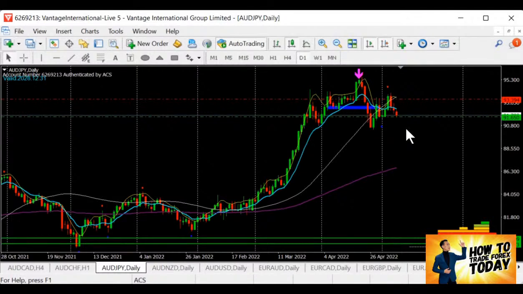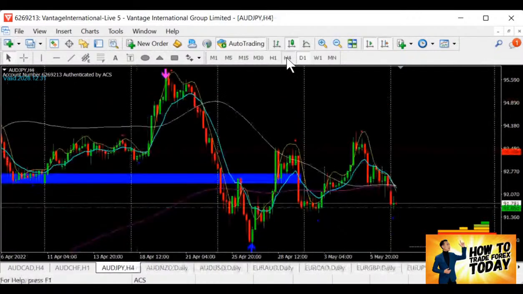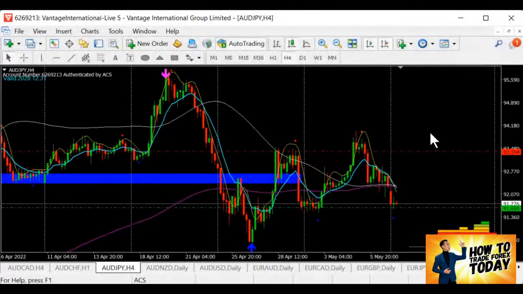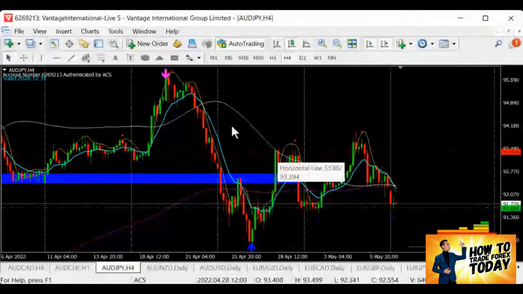That means we may experience a rebound. So I'm not going to take Aussie yen into consideration because there's a very high chance that it may just rebound from the support here and go up again to a higher price. So Aussie yen, I'm going to stay away from here first.